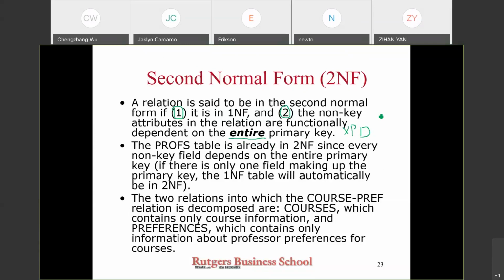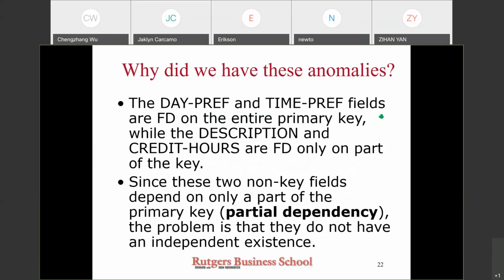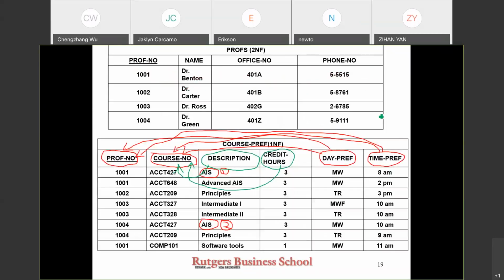Well, if you look at the professor table in the previous slides, yes, the first table, professor table in this slide, it is already in second normal form because every non-key attribute depends on the entire primary key, where in this table, there's only one primary key, that is professor number.